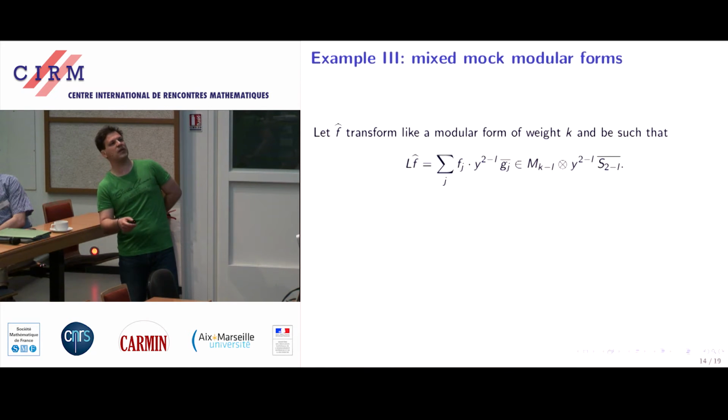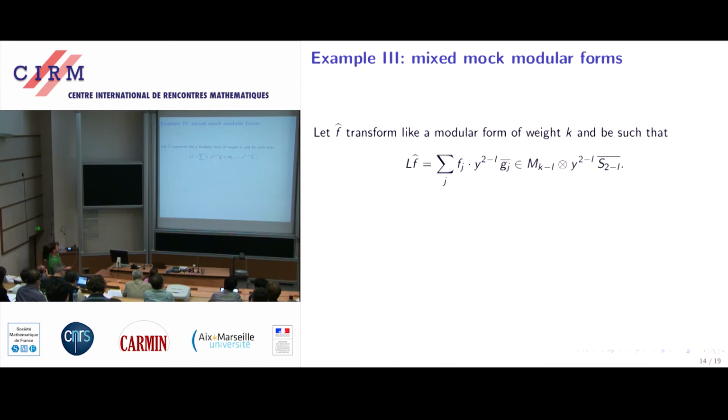This part is what we had on the previous slide, but now you allow that you multiply by a holomorphic modular form, and you allow that you take linear combinations of this. So the sum over J means I take a finite linear combination of products of this type. The first thing is a holomorphic modular form, the second thing is like in the previous. So you allow a little bit more. And it's mixed because you have something holomorphic and the complex conjugate of something holomorphic. That's why it's called mixed.